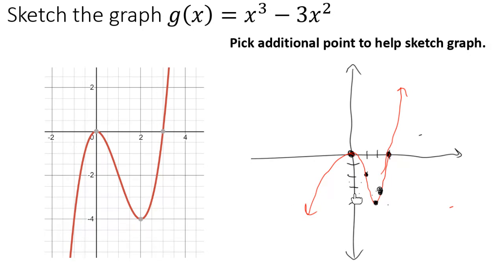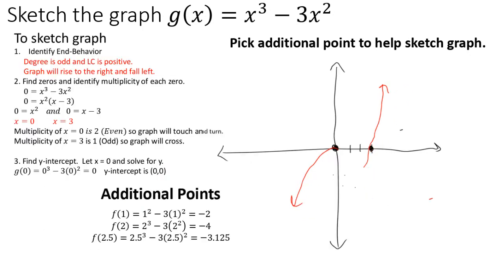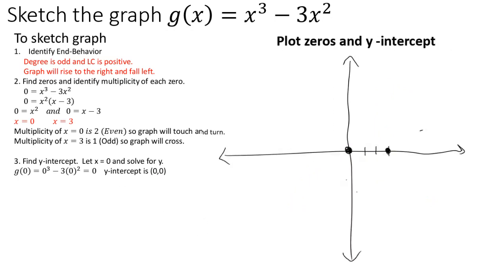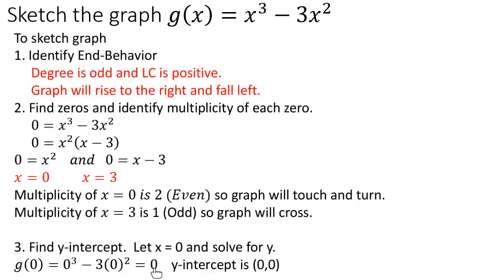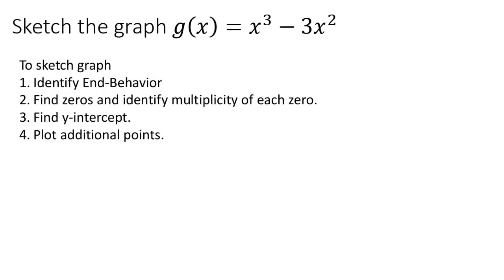Okay, so in order to graph, you do have to know the end behavior and the multiplicity of the graphs. So you have to know this and this. Today when we found the zeros, it wasn't as difficult because they had a greatest common factor, and we were able to solve for x.